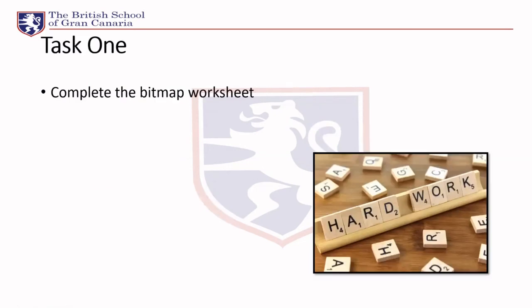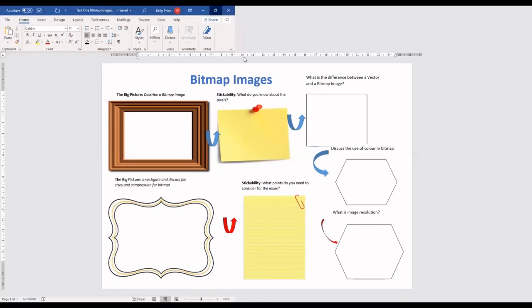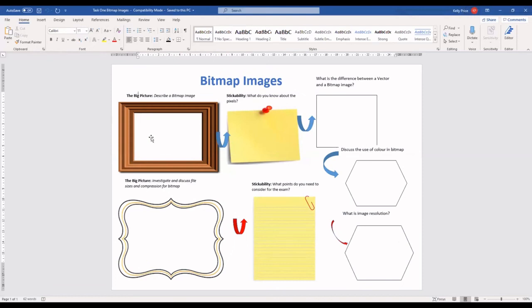Okay, so what I'd like you to do is complete task 1. If we go here, I'm just going to share this screen with you. Hold on, make this bigger. Here we go. What I'd like you to do is some research and describe a bitmap image.